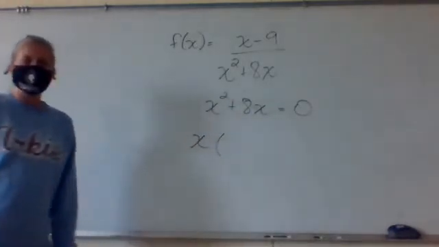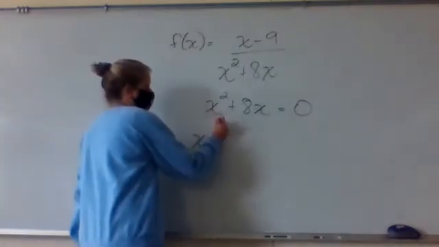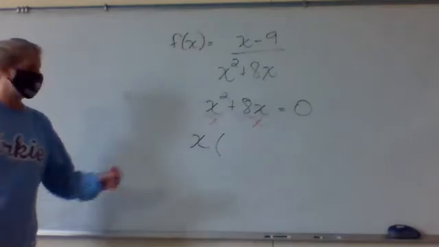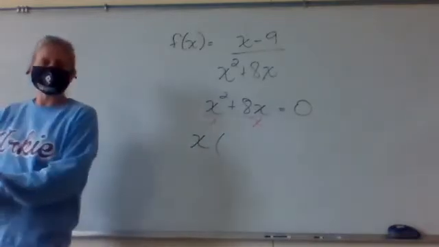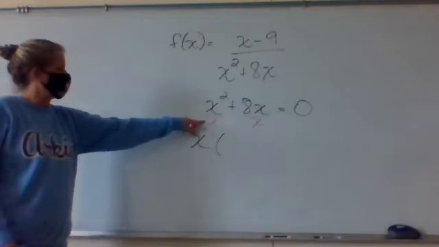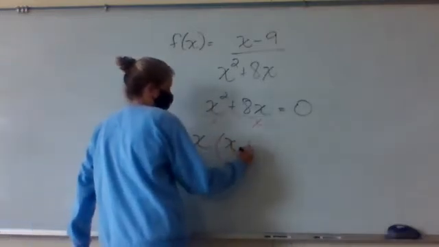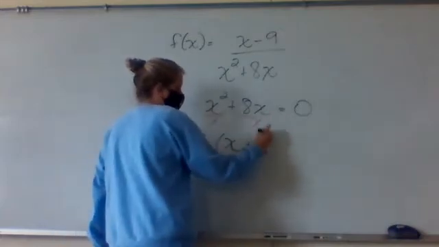So it's got a greatest common factor of that x, which means I can pull that out and divide them both by x. Put in parentheses what is left. If I divided x squared by x, it's kind of like I'm taking an x out. So if I take an x out of x squared, then I'm just left with x. Plus, if I took the x out of this term, I would just be left with the 8.